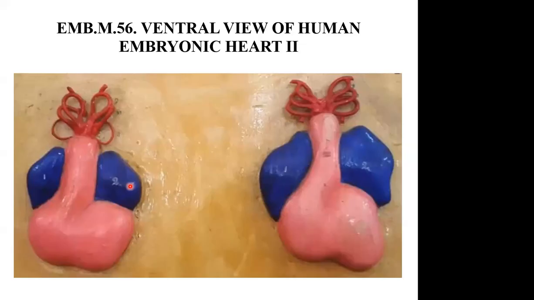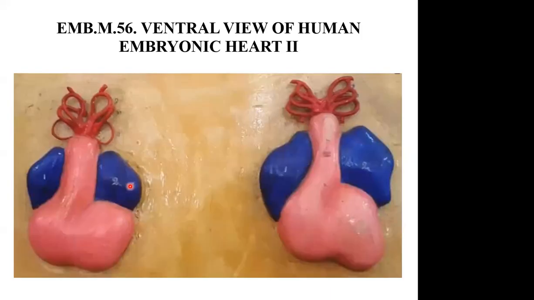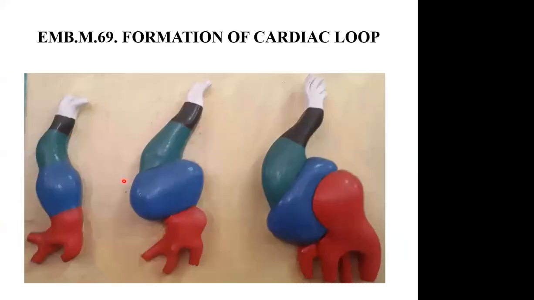That is the formation of your cardiac loop. If you know this point, you can understand how we get our right ventricle and left ventricle on the ventral aspect, and the atria on the posterior aspect. That is called the formation of the cardiac loop.